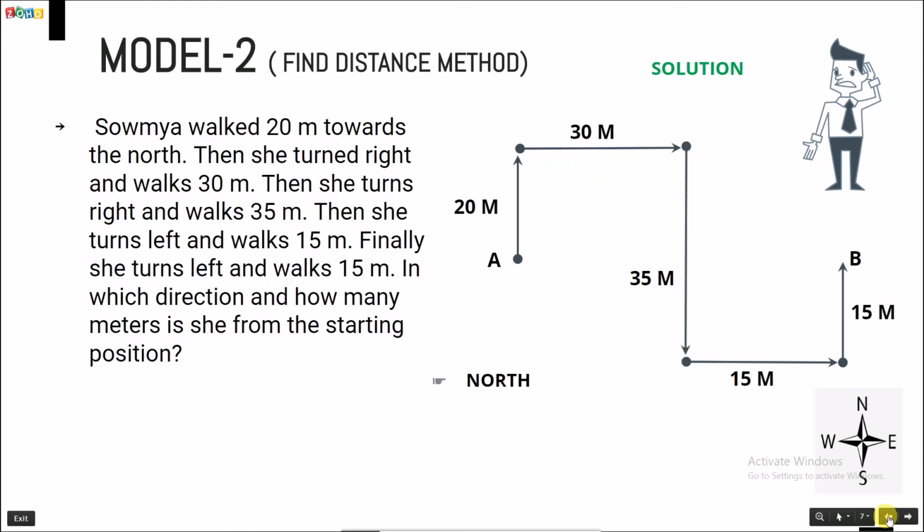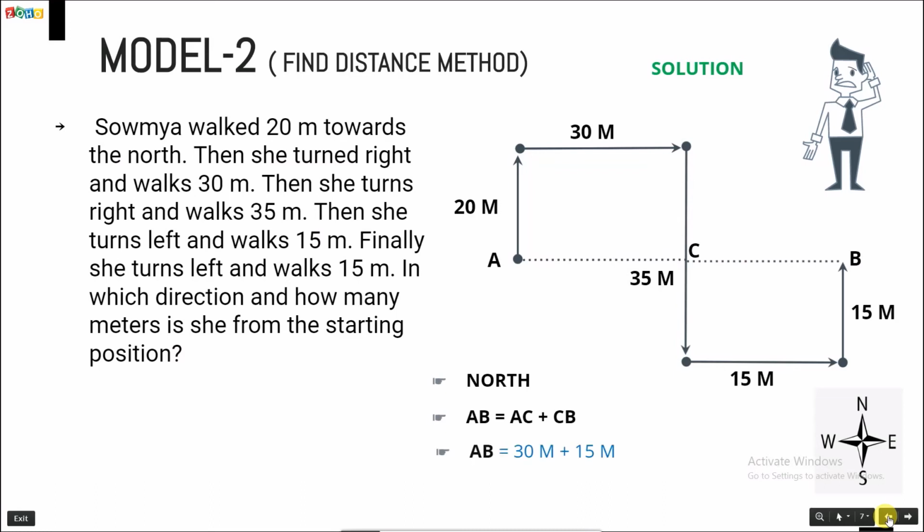Next, we find the distance between starting point and ending point. I assume the midpoint as C. Draw a reference line passing through point A and point B. Applying the distance formula, AB equals AC plus CB.